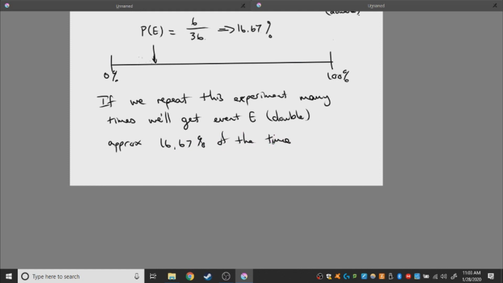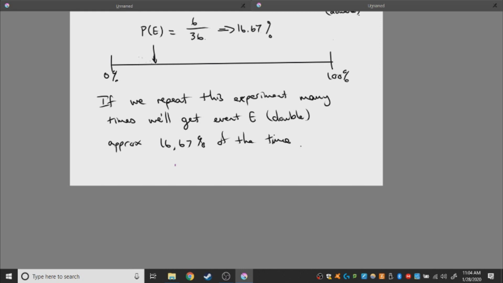So if I were to repeat this experiment, let's say 1,000 times, I roll, I see what I get. I roll, I see what I get. Around 16% of that 1,000, so around 160, will be a double, and the others will not. Different ways of really saying the same thing.